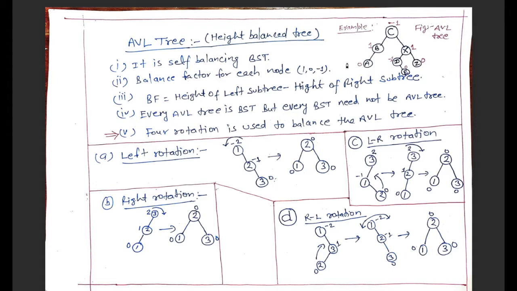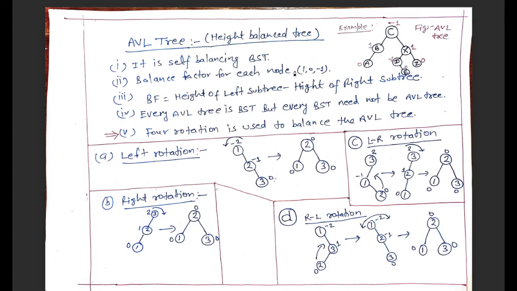Okay, so by following the BST you can insert all the elements into the AVL tree, and during the insertion you have to find the balance factor using this formula, height of the left subtree minus height of the right subtree, right? And for each node, the balance factor should be only 1, 0 or minus 1.